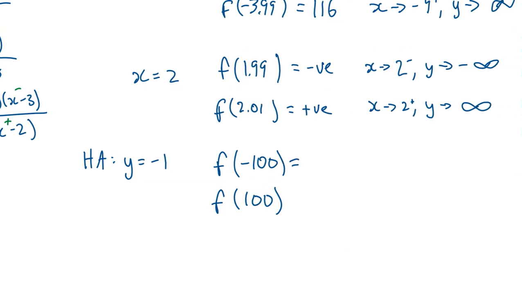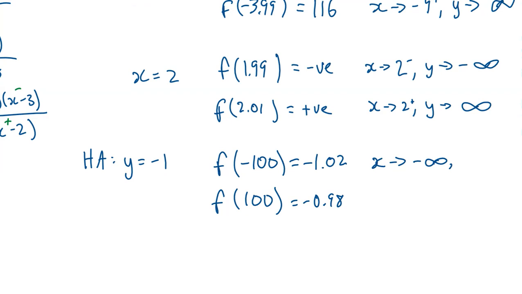So when I plug this one in, I get -1.02. And when I plug this one in, I got -0.98. See, they're both negative. Of course they are. They're close to -1. Now, what do they mean? As x goes to negative infinity, x is getting very, very large negative. That's when you're near a horizontal asymptote. Is -1.02 above or below -1?